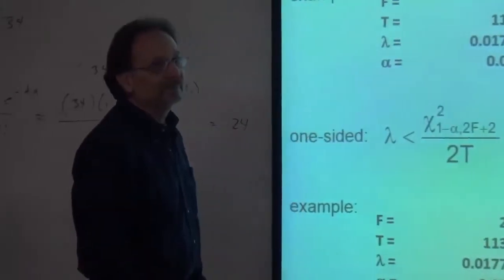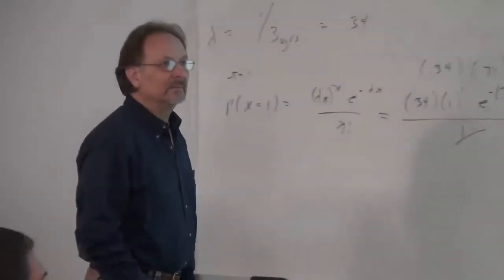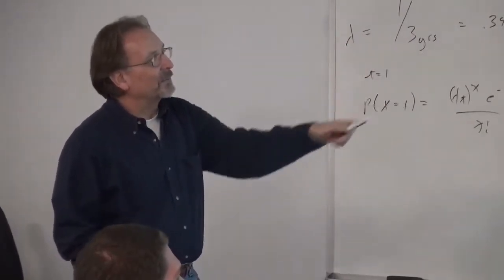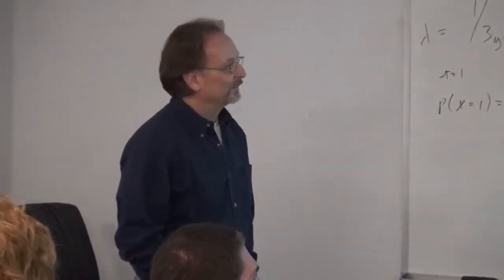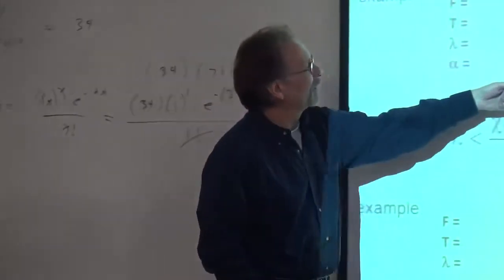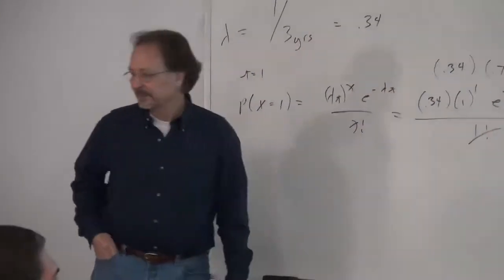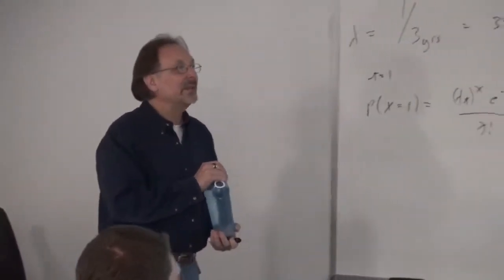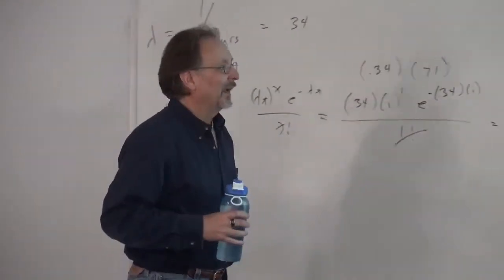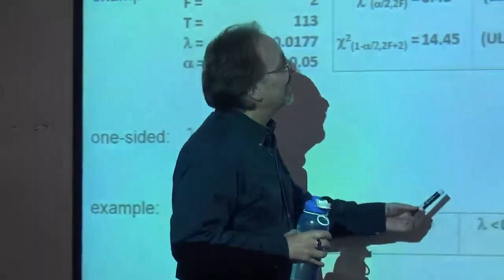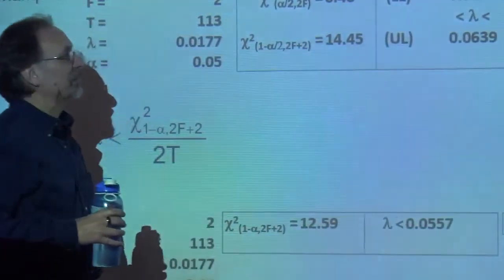Is this a 95% confidence interval? This is a 95% two-sided, and 95% one-sided. What's most easily interpretable is to get your confidence interval on lambda, and then take the reciprocal of it.